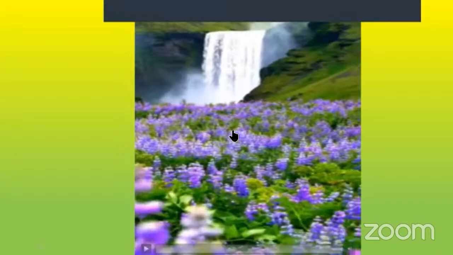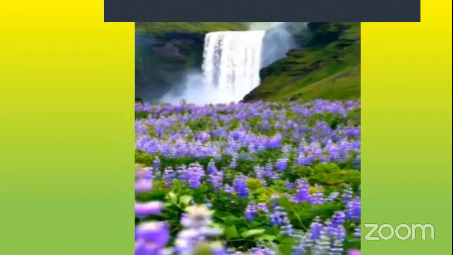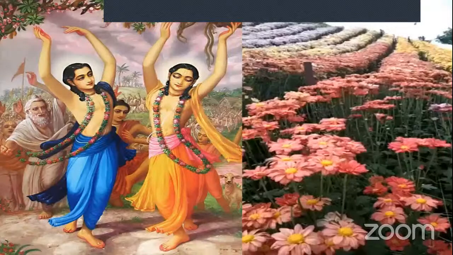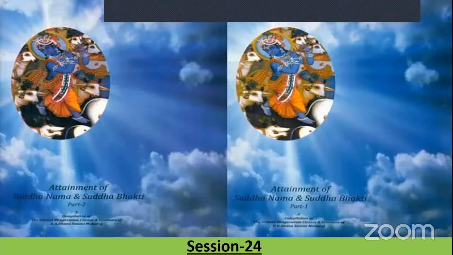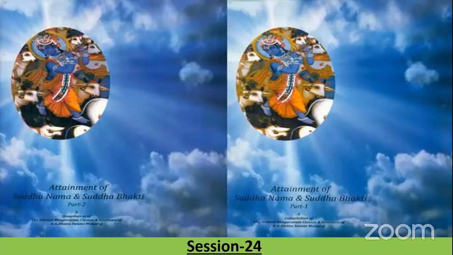Okay, so we have seen such wonderful waterfalls with lavender flowers. So we can offer all these lavender flowers for our Shastra, and then for our Guru and for our Radha Krishna.